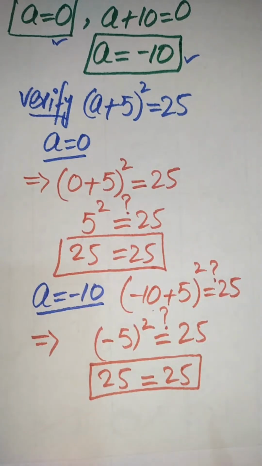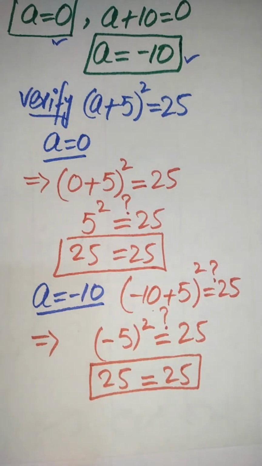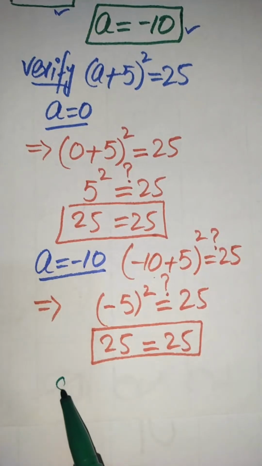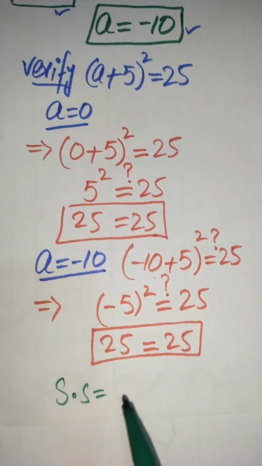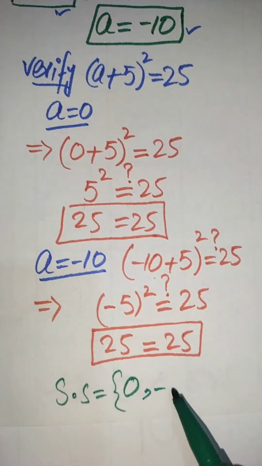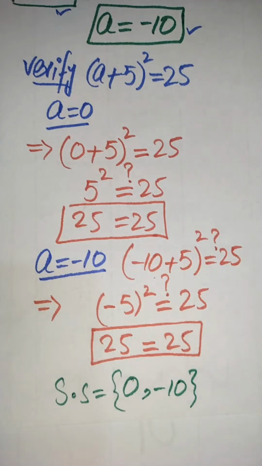It means that the second value a equals minus 10 also satisfies our given question statement. So both of these two values satisfy our given question statement, and the solution set of the given question is 0 and minus 10.